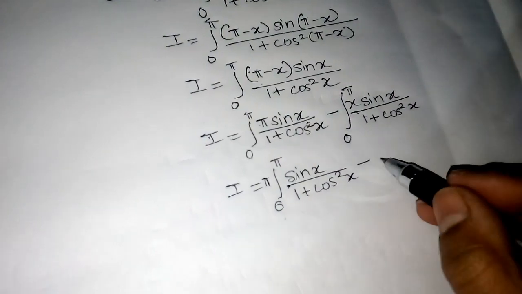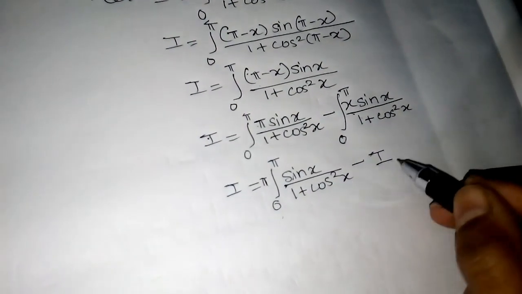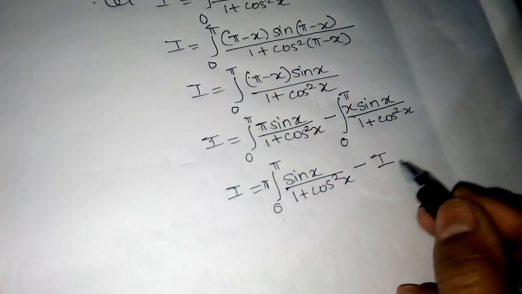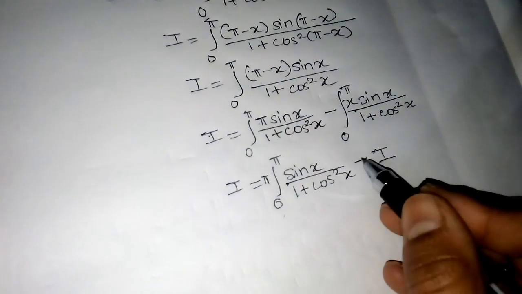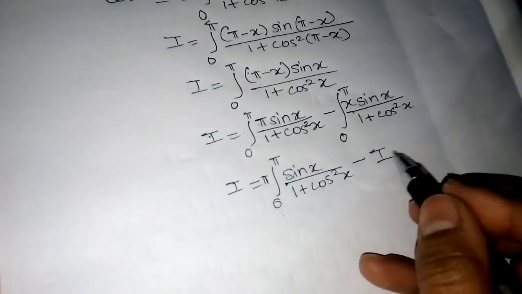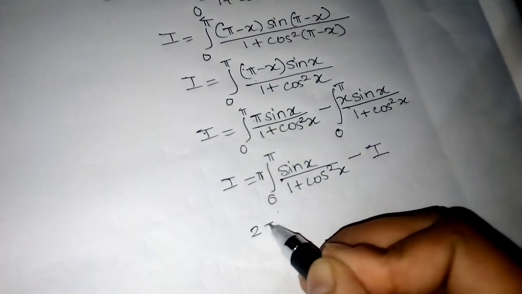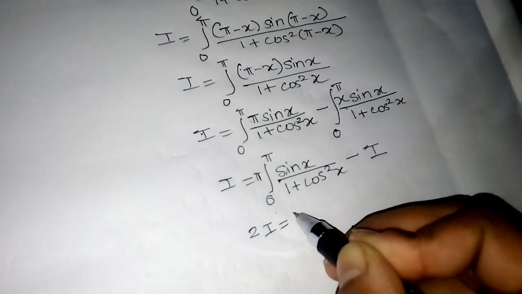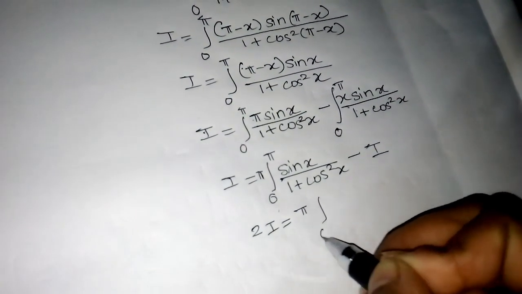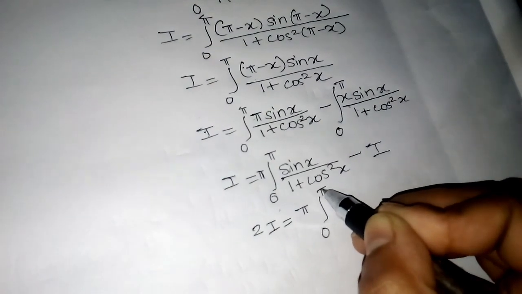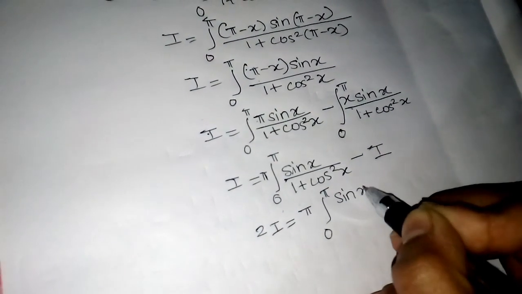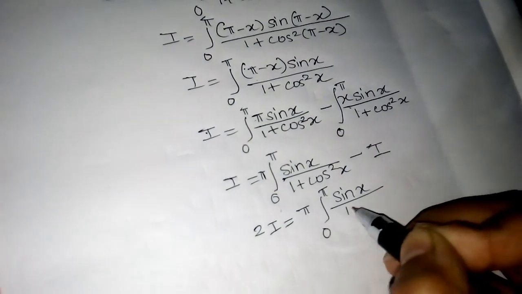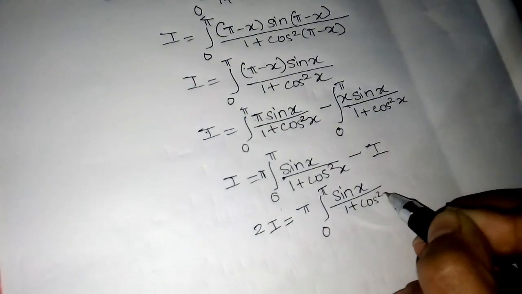So when we put this I on the left hand side, the negative sign becomes positive, and I plus I becomes 2I. We write 2I equals pi times the integral from 0 to pi of sin x upon 1 plus cos square x.